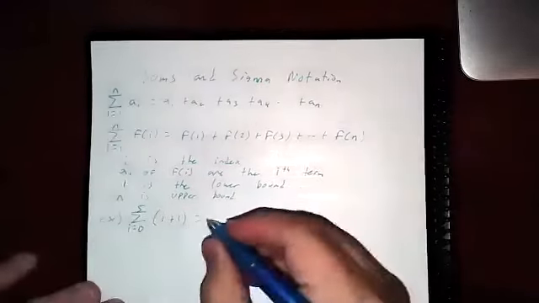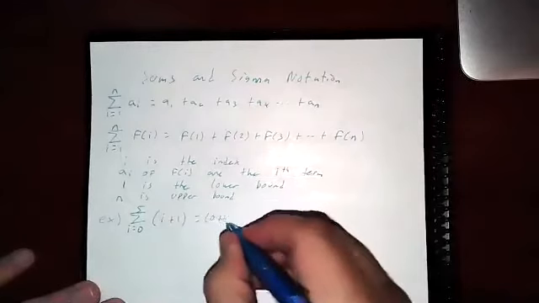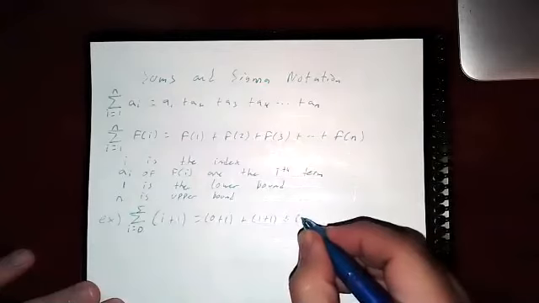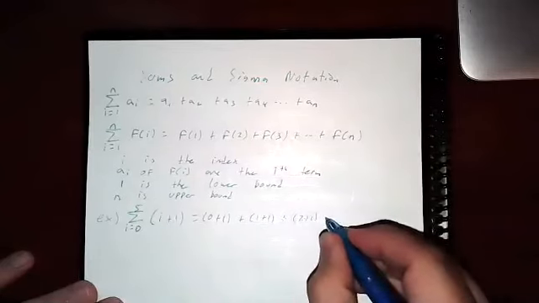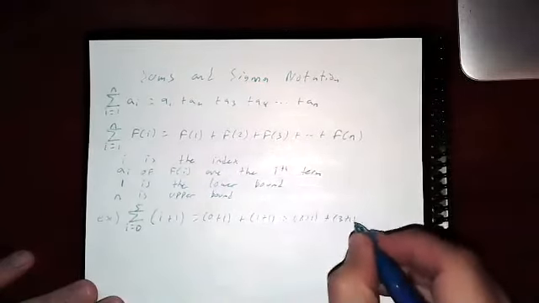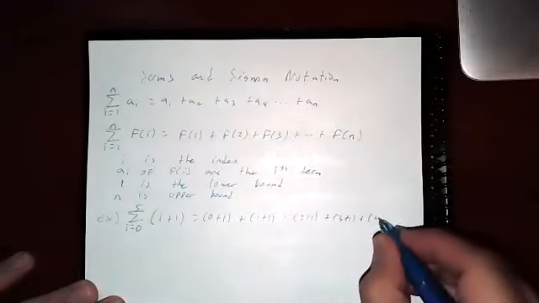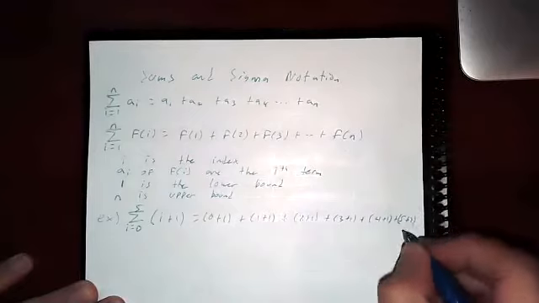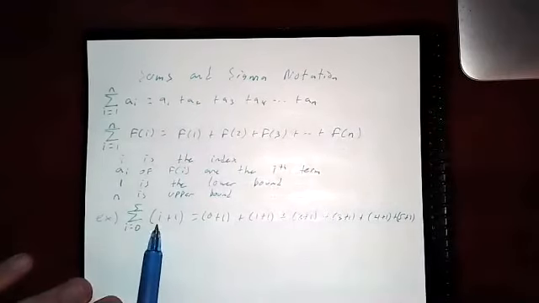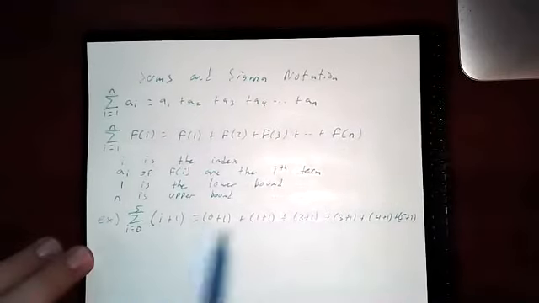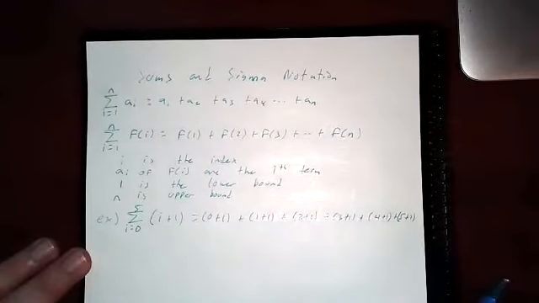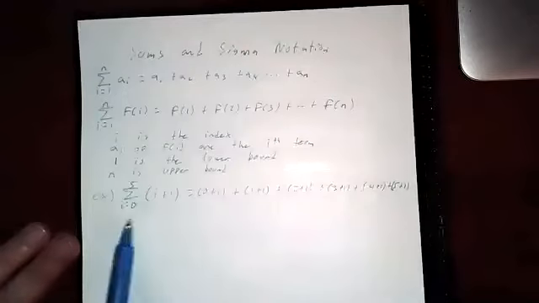So that would be 0 plus 1 plus 1 plus 1 plus 2 plus 1 plus 3 all the way till 5. You see what I'm saying? So this i is cycling from 0, 1, 2, 3, 4, 5. Okay, that's what this does.